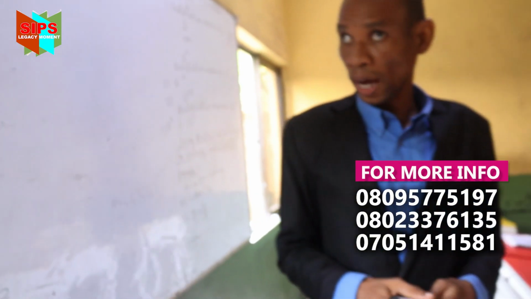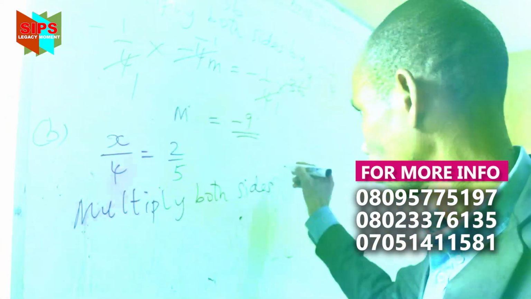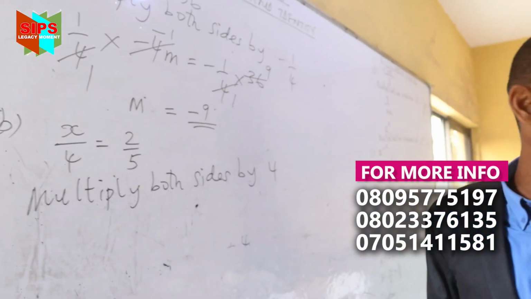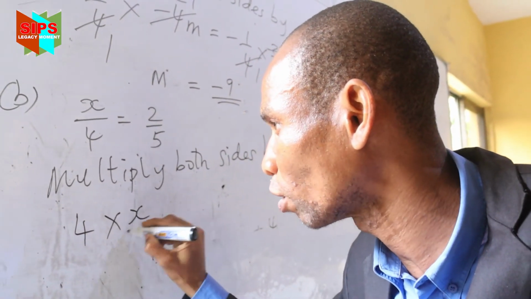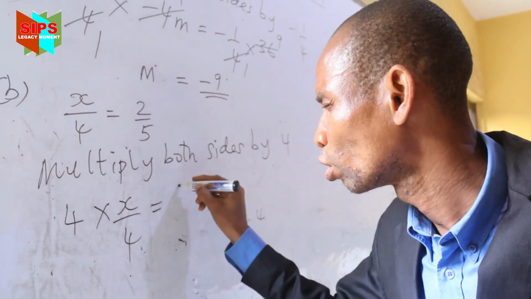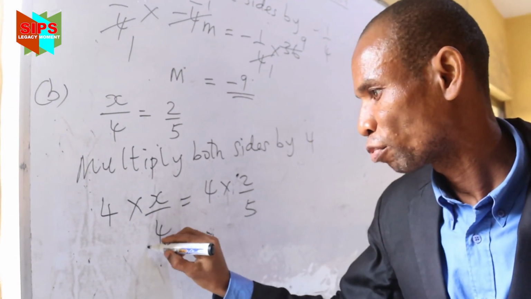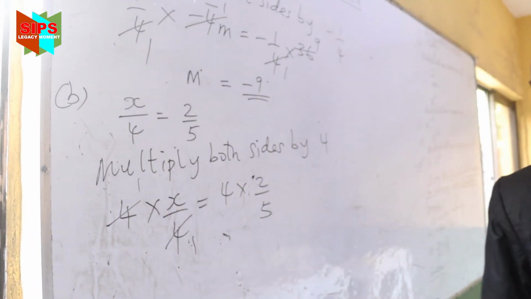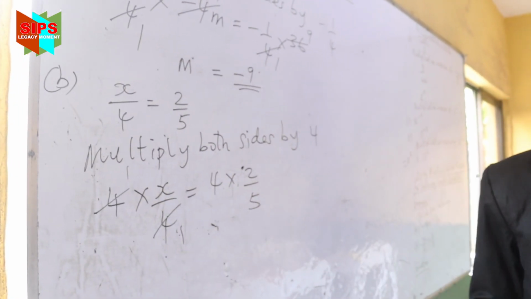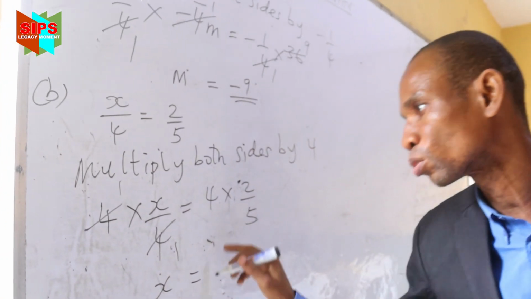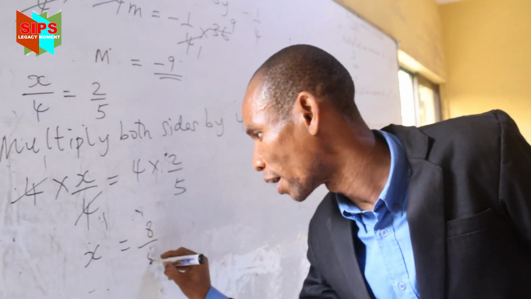So we multiply both sides by 4. So we have 4 times x all over 4 is equal to 4 times 2 all over 5. So 4 here 1, 4 here 1. Nothing can go. 1 times x, obviously you are having x. X is equal to 4 times 2, 8, all over 5.